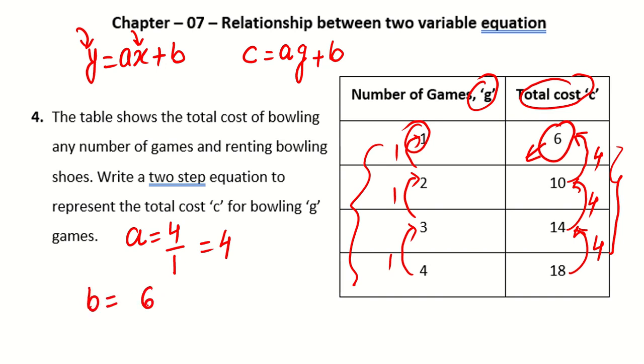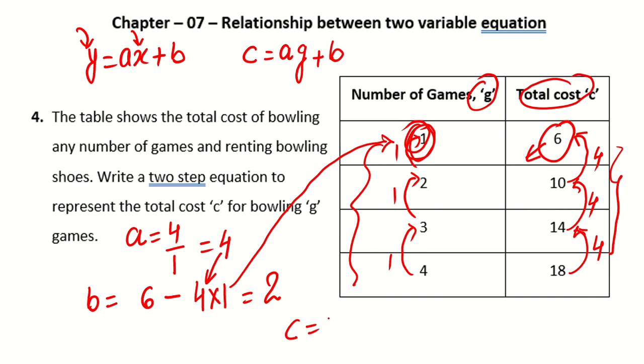Take the first number minus the value of a multiplied by this first number. So 4 multiplied by 1. 4 is this answer and 1 I have taken from here, the first number. So 6 minus 4 is 2. So what will be the answer? C is equal to 4G plus 2.